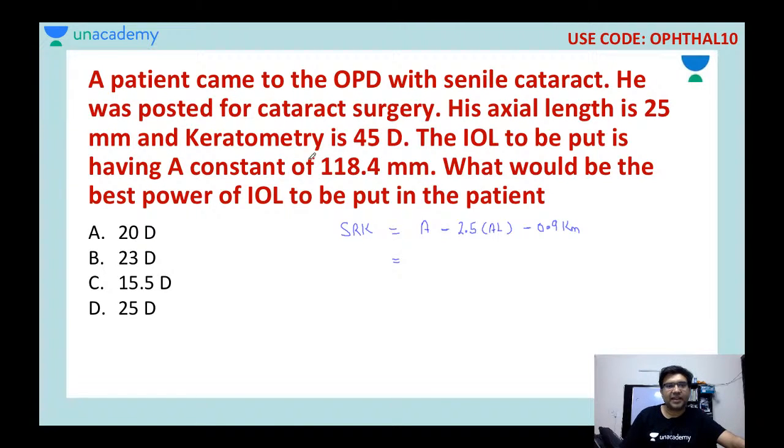So what is A here? A constant. Now A constant is very specific for a particular lens. So it is 118.4 minus 2.5. What is the axial length here? Axial length is 25 millimeter. So is the patient myopic or hypermetropic?